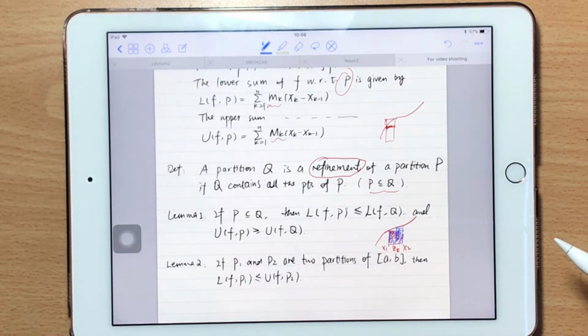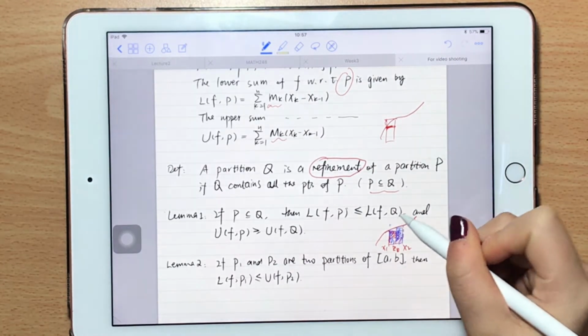And similarly, the upper sum of f with respect to P will be larger, right? Because for the refinement, you have more subintervals.